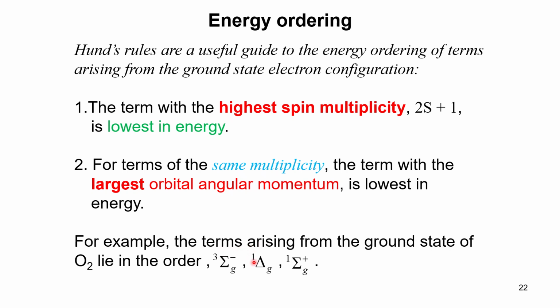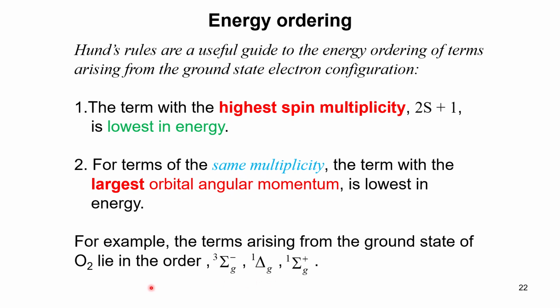So the one with the highest multiplicity will be the lowest in energy. If they have the same multiplicity, then we have to check the state symbols. The state symbol corresponds to the orbital angular momentum quantum number with reference to the internuclear bond axis. The larger the value of the orbital angular momentum quantum number, the lower the energy.